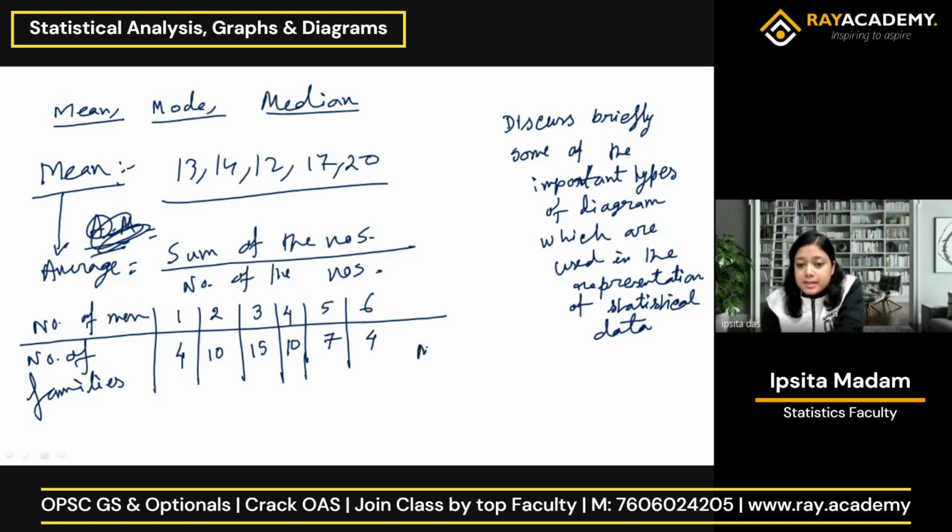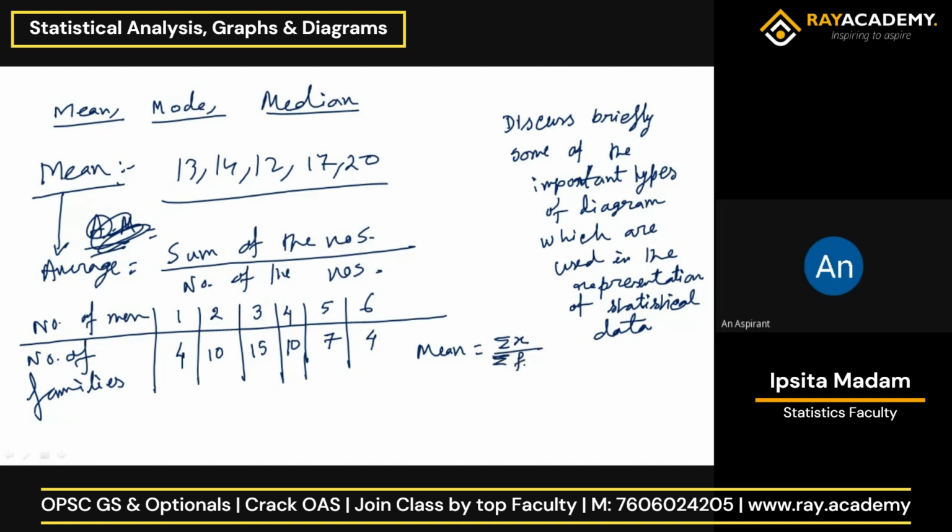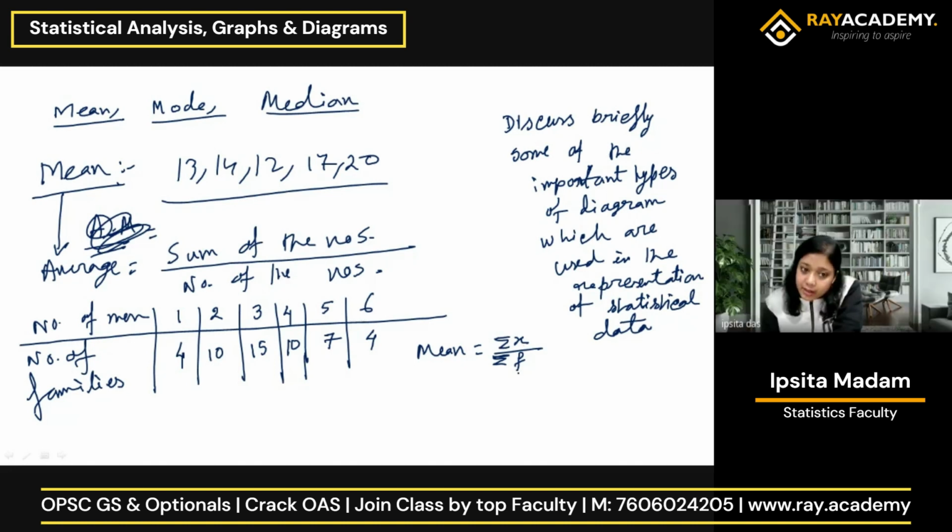Mean means summation of fx divided by summation of f. Number of families represents frequencies, so summation f means total frequency.